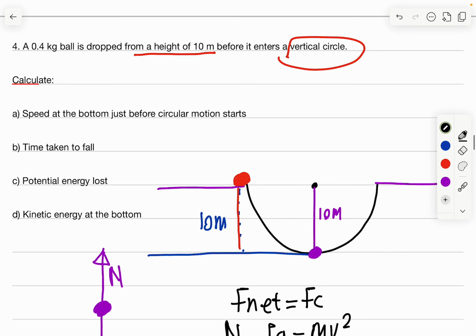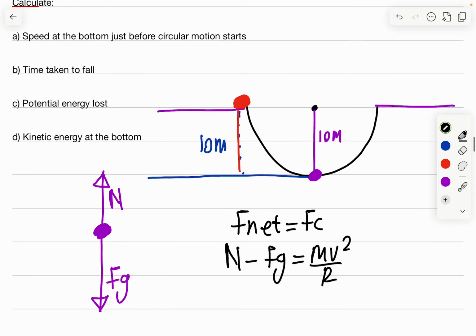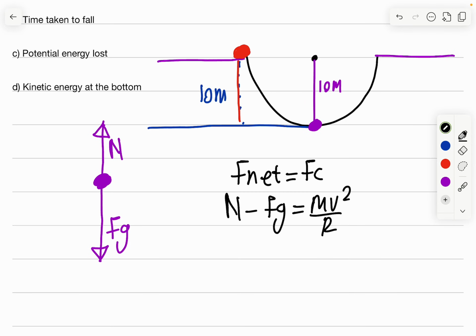How can I calculate those two things? First, I must calculate the normal force, and we know the normal force equals Fg. One thing you must bear in mind: the normal force equals Fg. Those things are simple. Normal force equals Fg.